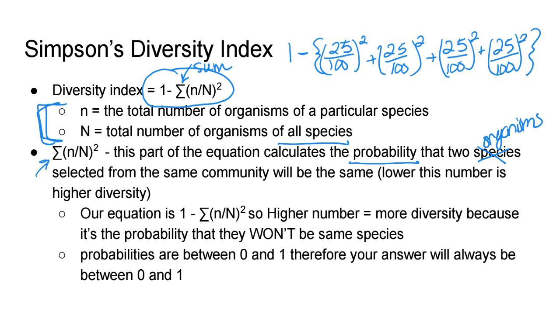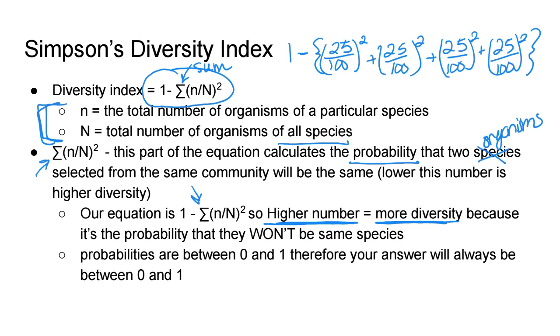Our particular equation is 1 minus that probability. So what that's telling us is that the higher the number, the more diversity I have, because it's the probability that they won't be the same.